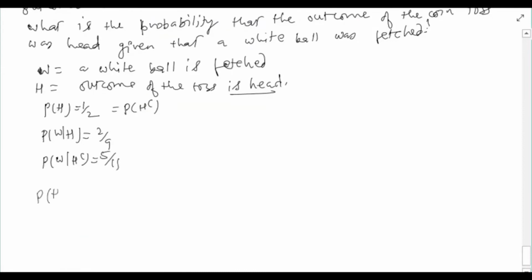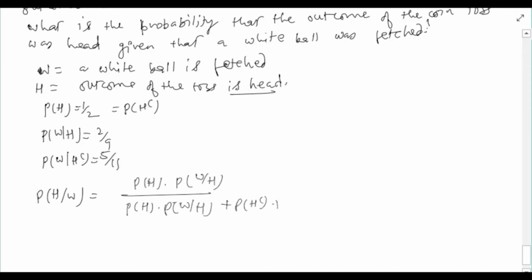Now we have to compute the probability that the outcome of the coin toss was head given that a white ball was fetched. So the probability of H given W will be the probability of H times the probability of W given H, divided by the probability of H times the probability of W given H, plus the probability of H complement times the probability of W given H complement.